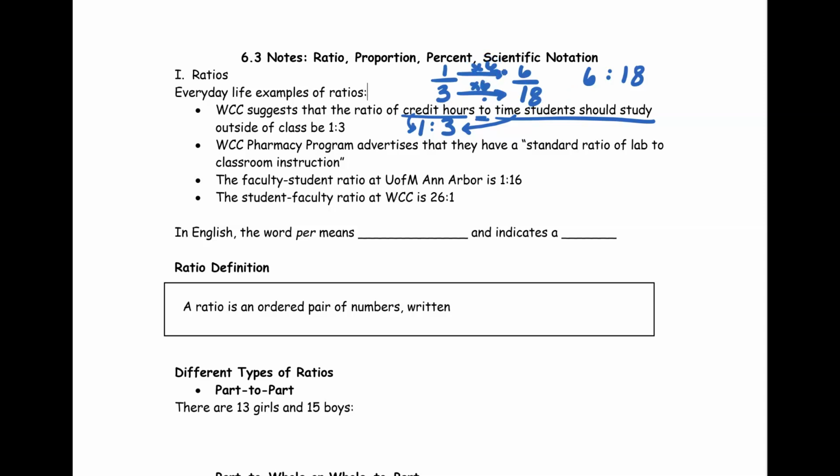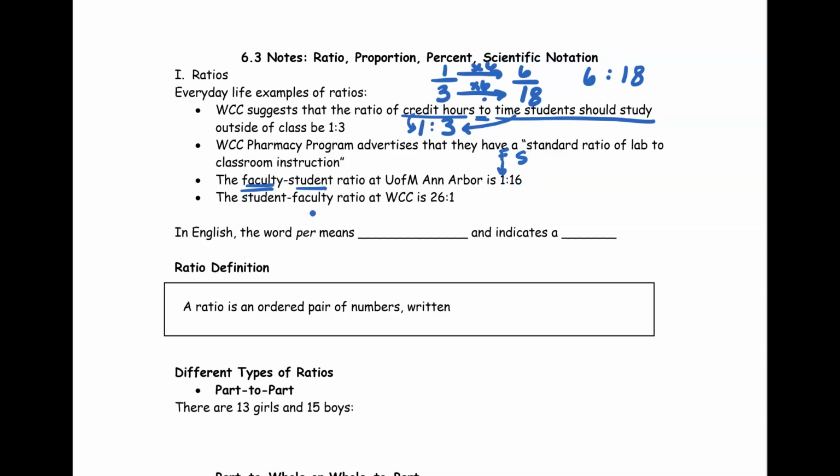Another example, the WCC pharmacy program, I just looked this up on our website. They advertise that they have a standard ratio of lab to classroom instruction. They don't tell you what it is, but they have this ratio that they use as a guide. The faculty-student ratio at U of M Ann Arbor is 1 to 16. Because we said faculty first and student second, that means for every 16 students, there's 1 faculty member.